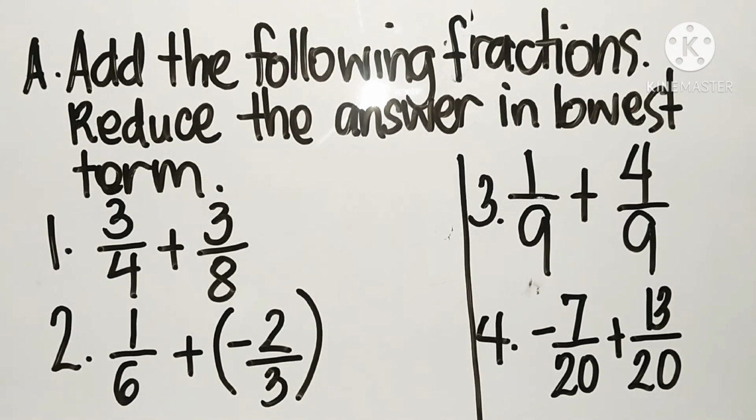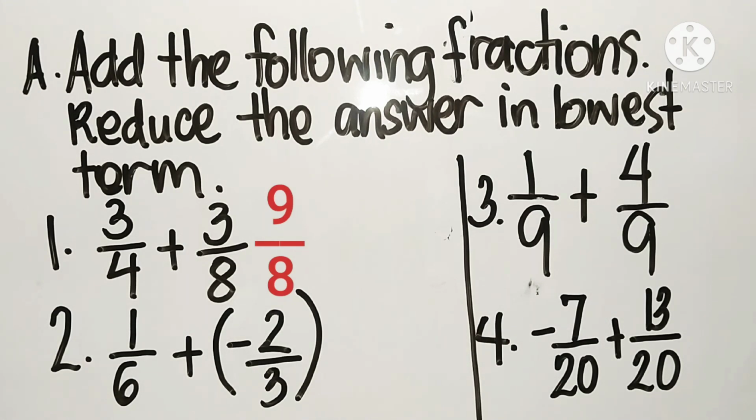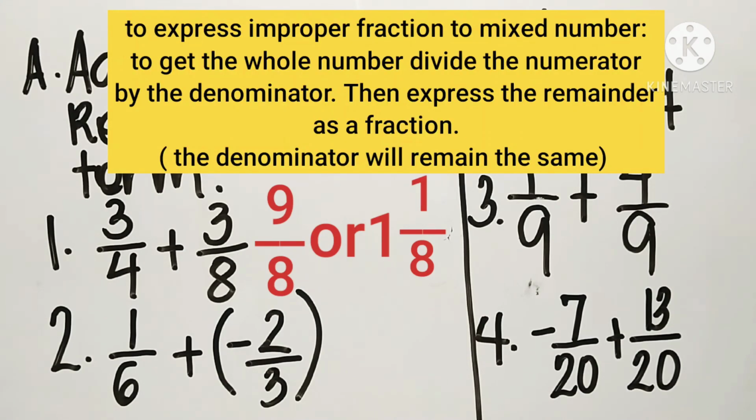Let us check. So for number 1, the answer is 9 over 8. Or if ginawa nyong mixed number, it can be 1 and 1 over 8. So, paano nyo po gagawing mixed number? Ang gagawin nyo lang po is divide 9 by the denominator, which is 8. So, that is 1. And then, the remainder, express it in fraction.